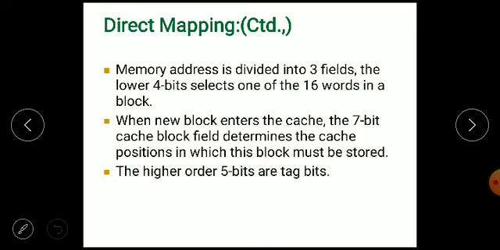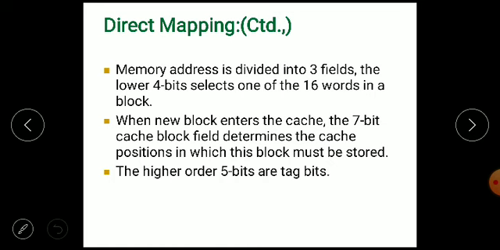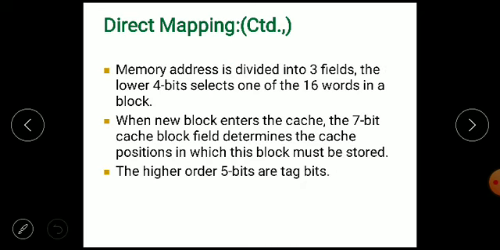And the next 7 bits, next to the word field, determine the cache position, that is the block field, right? So the block field is nothing but the cache position in which the block must be stored, right?